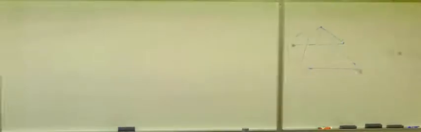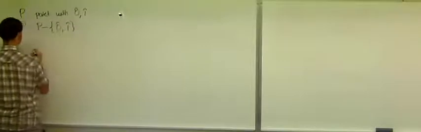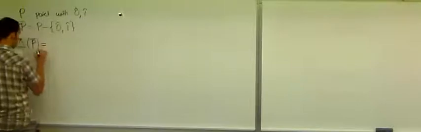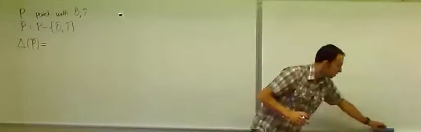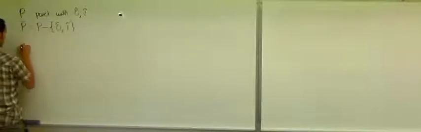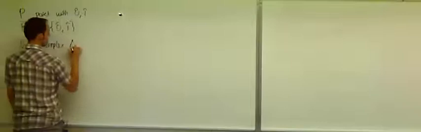So remember that we had P. P was a poset with a 0 and a 1, and P bar was the poset with the 0 and the 1 removed. And then we define the order complex delta of P bar.